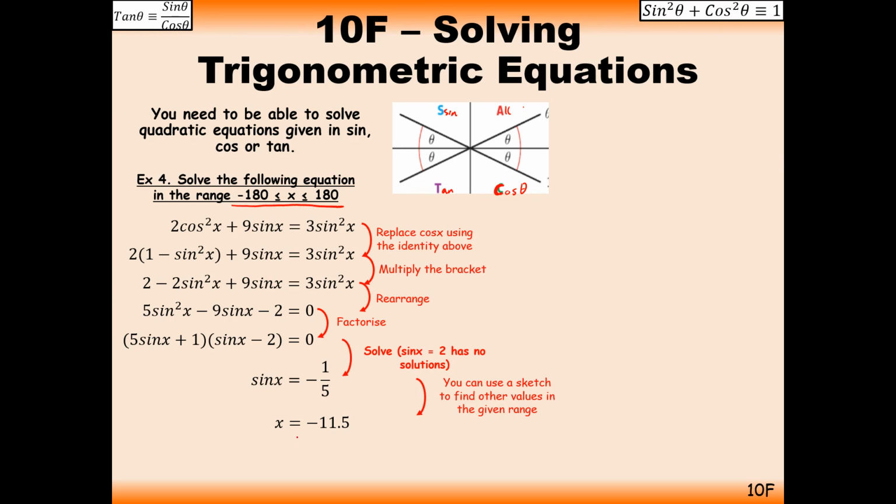We said that if we try 180 minus this, it isn't going to work. 180 plus 11.5 is going to go above this range. That's no use. So what is the other angle? Well, you could think of this as looking at a triangle which is down here.